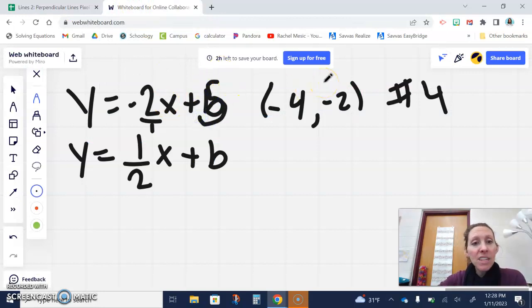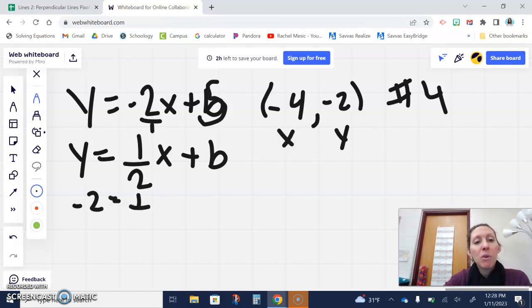Okay, so then we're going to replace x and y with our coordinates. So y is -2. Keep our 1/2. X is -4, and then plus b. So on top we have 1 times -4, which is -4. On bottom we still have the 2.